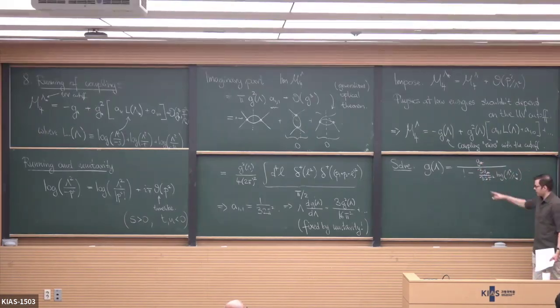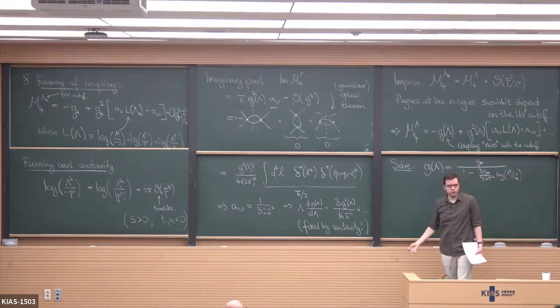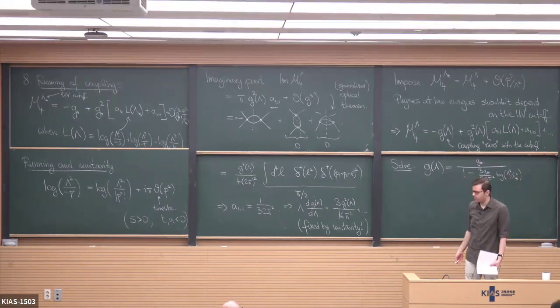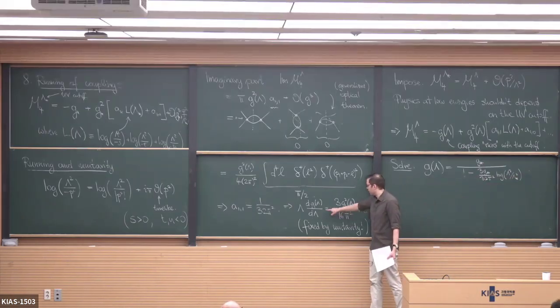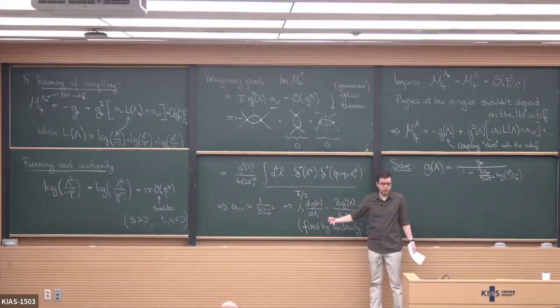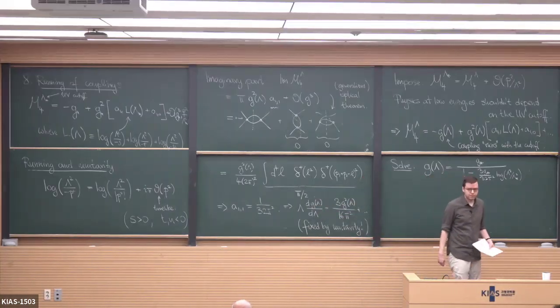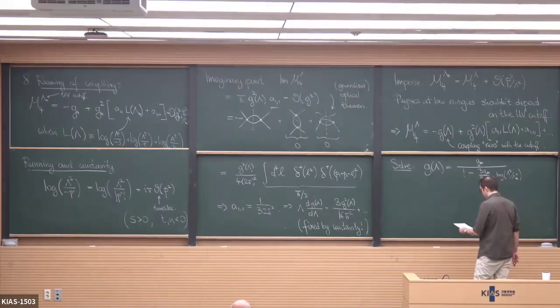In fact, I need to put a boundary condition, but now I know which boundary condition I'm supposed to put, because the boundary condition is that g at lambda star was my original g star that I defined to begin with, the original coupling.